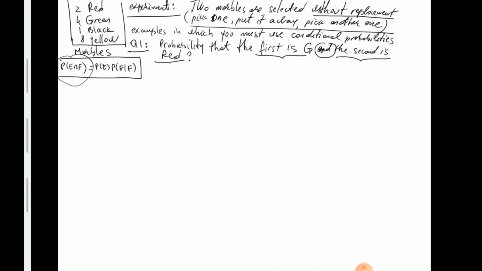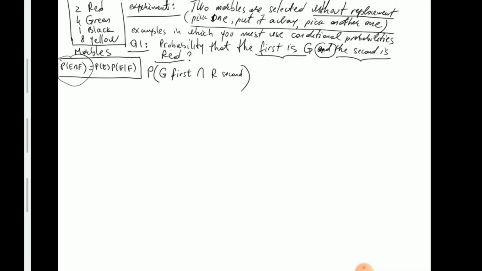So just to write it down in the language of probability, and I'm going to try to use as few words as possible to be more compact: the probability that green is first and red second.